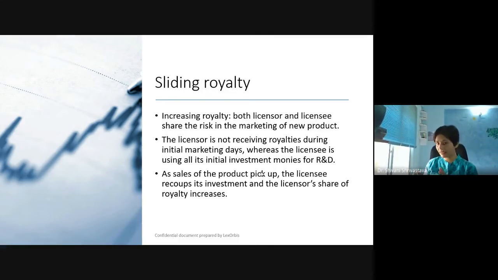In this case, both the licensor and licensee are compromising, where the licensor is not getting royalty and the licensee is spending money. Once the product is launched and the sales pick up, the licensee recoups its investment and the licensor's share of royalty increases, where they can increase the royalty percentage.